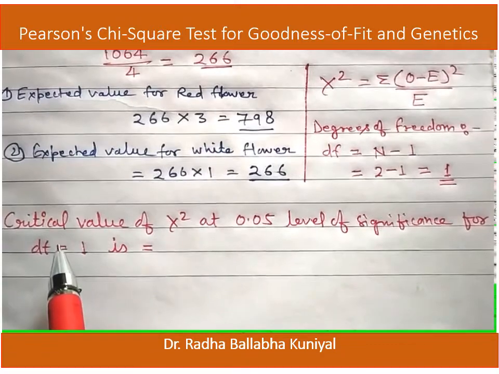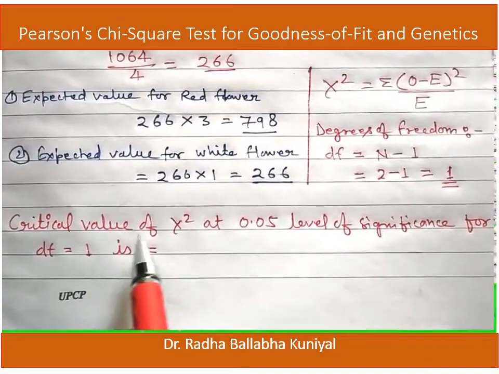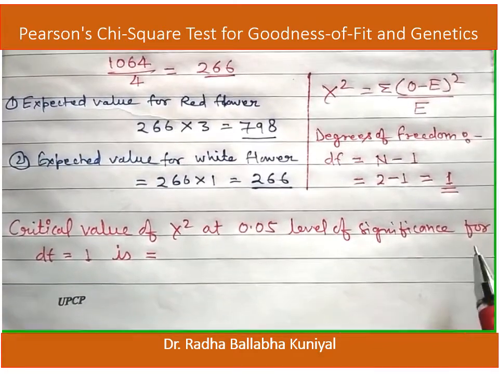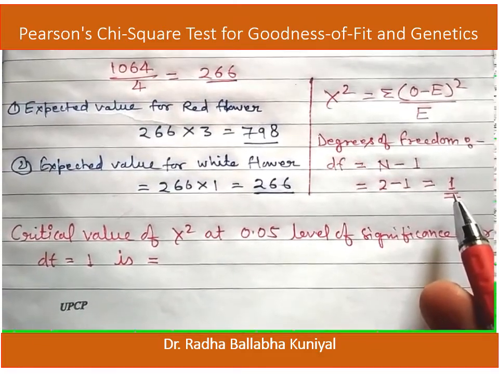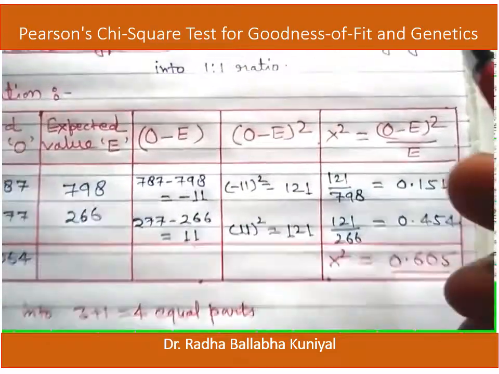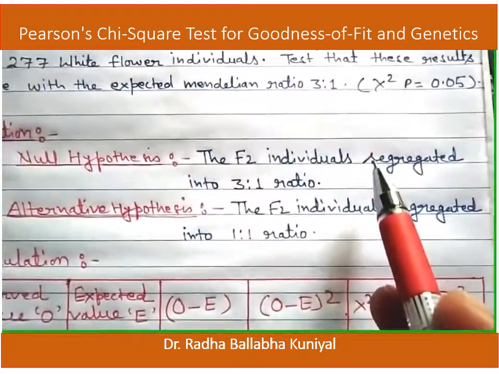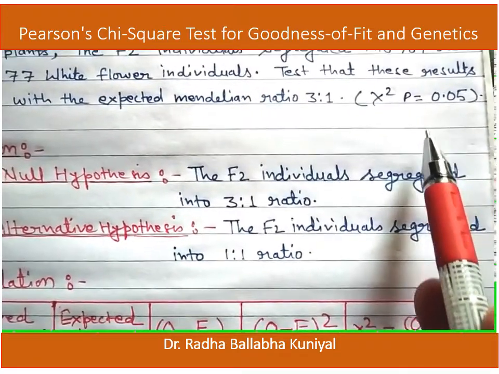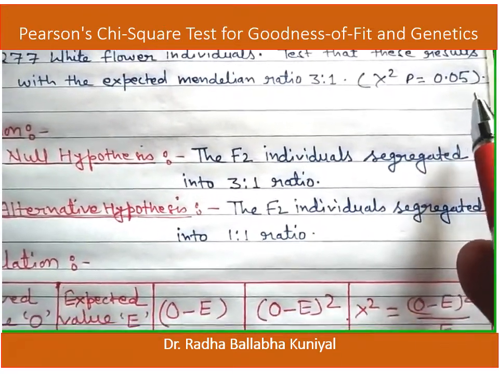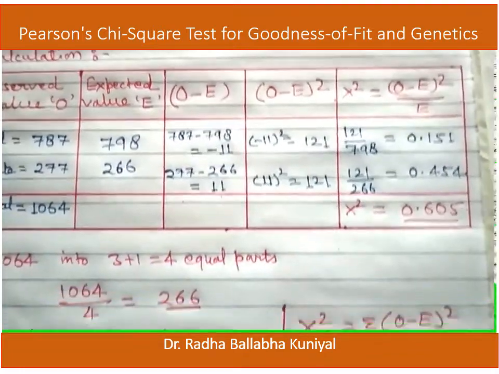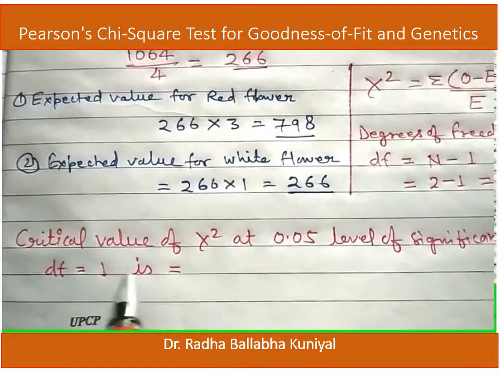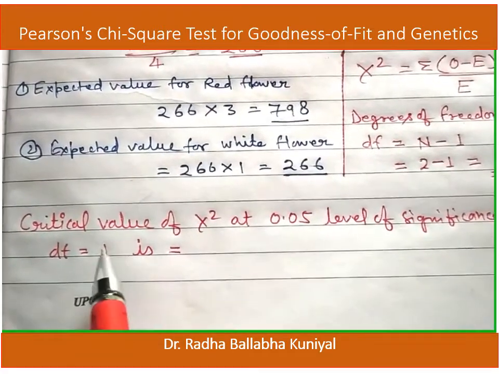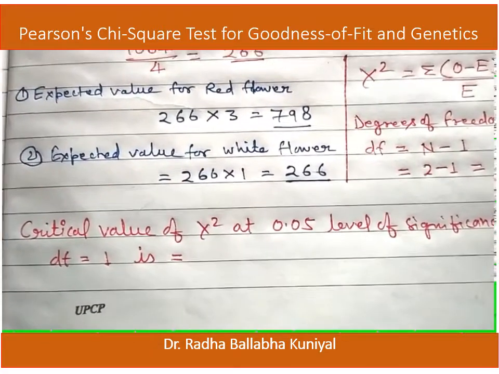Now we will see the critical value of chi-square at the 0.05 level of significance for 1 degree of freedom. Here in the question, the level of significance, the p value, is given as 0.05.